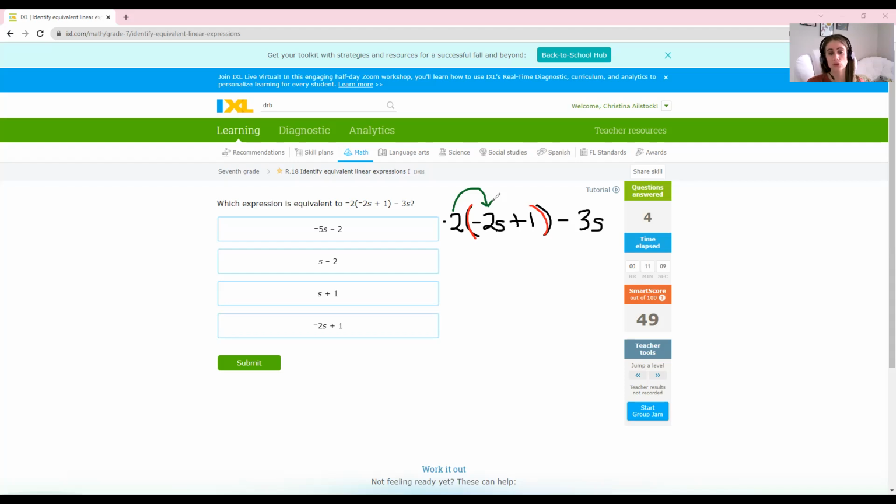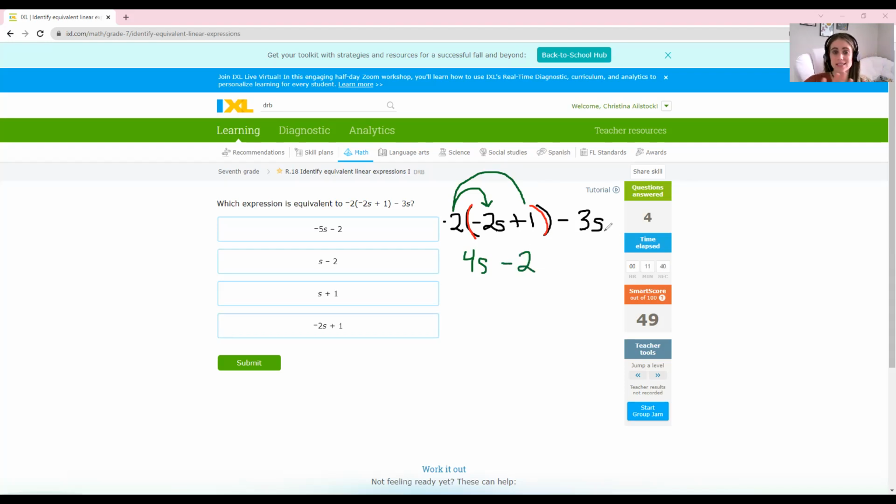So a -2 times a -2s, they have the same sign, which means a positive answer, positive 4s. But then when I go and multiply -2 times a plus 1, they have different signs, -2, positive 1. So when you're multiplying or dividing and they have different signs, your answer will always be negative.